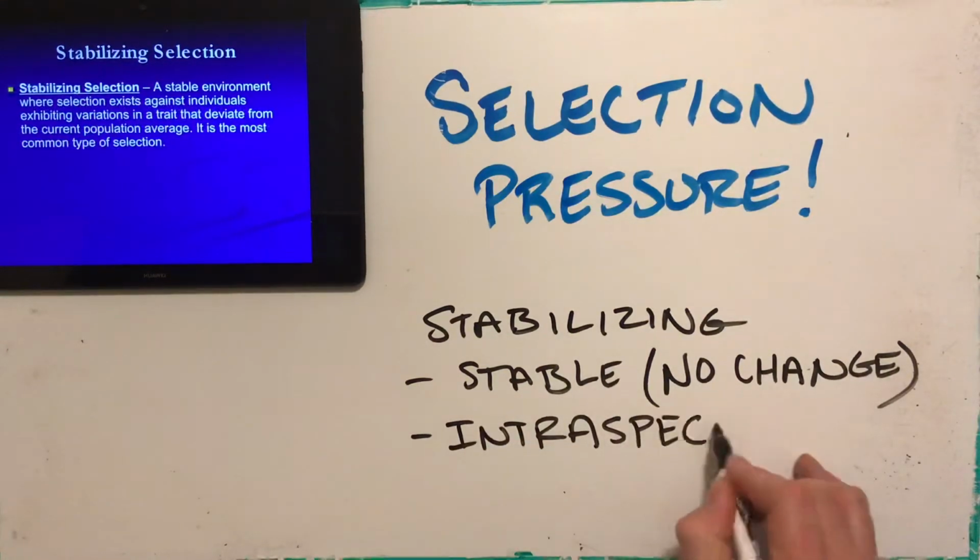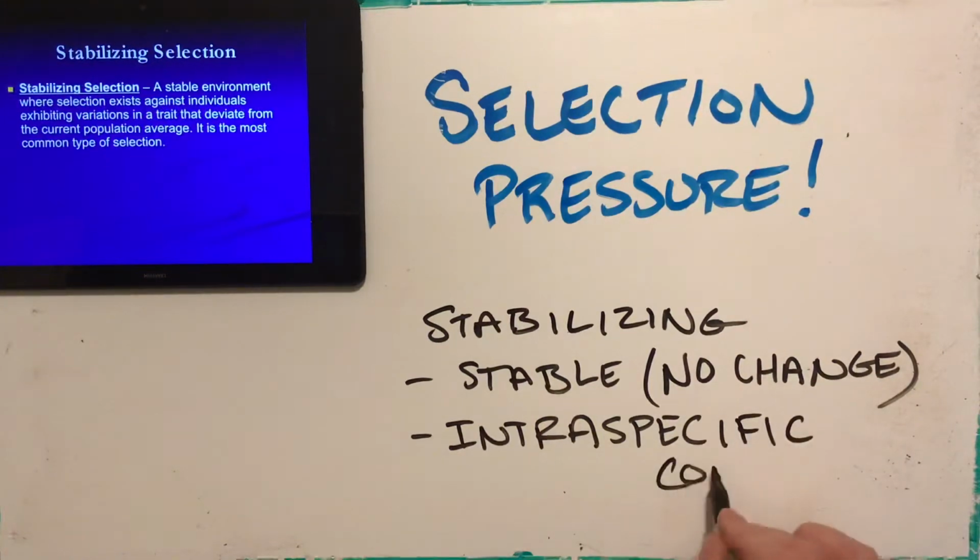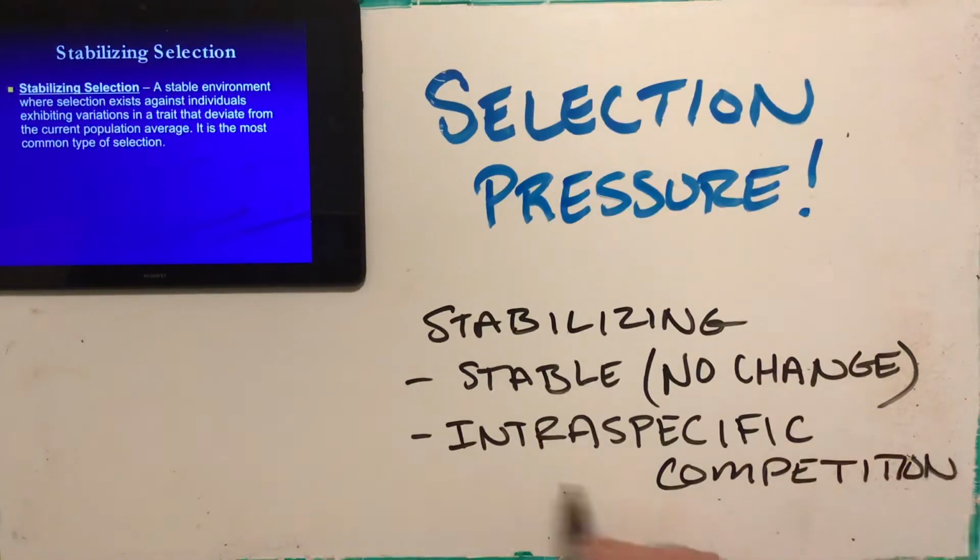Intraspecific means not competition with another species. It means competition from within my own species, my own population. So way too many offspring are born than what can survive, but they're still going to challenge for a lot of the things on that checklist that I just showed you, right?